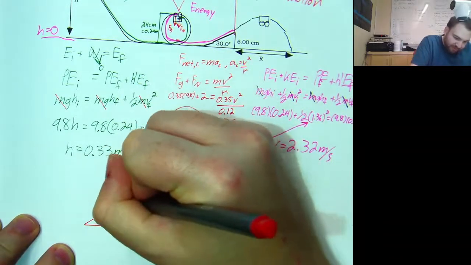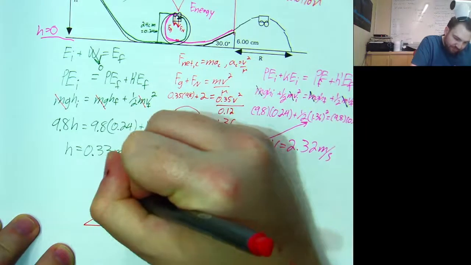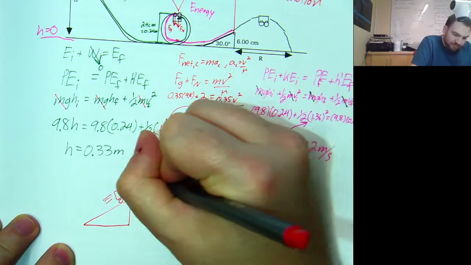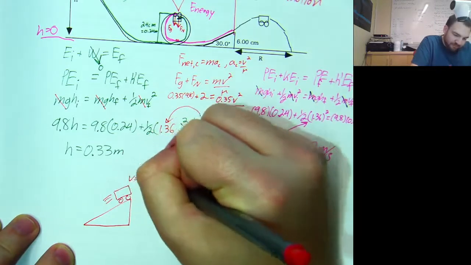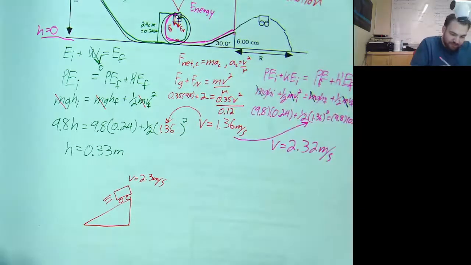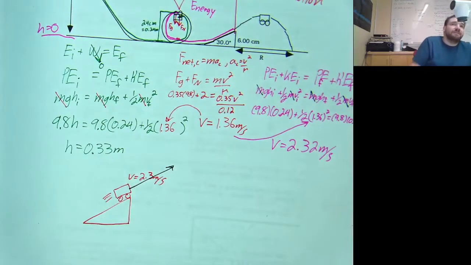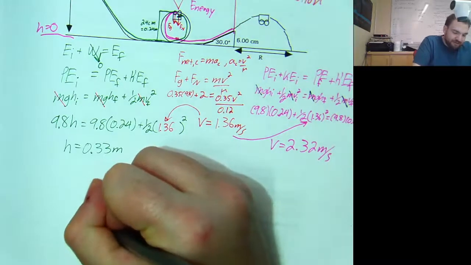Car, top of the ramp. Speed lines are important. Traveling 2.3 meters per second this way. We're told the angle of the ramp is 30 degrees.